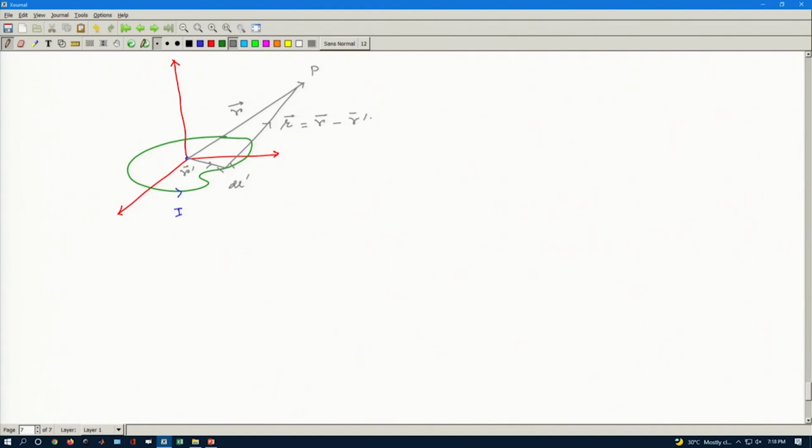My A at r, we know the expression, is mu 0 I divided by 4 pi, and since it is a closed line, I should have a closed line integral of dl prime divided by the magnitude of r minus r prime.